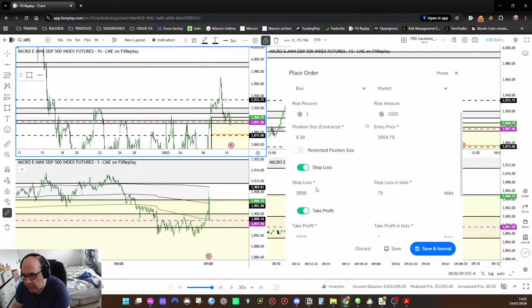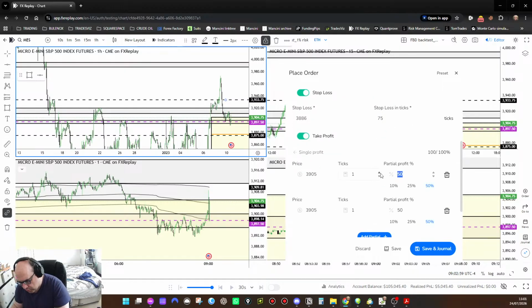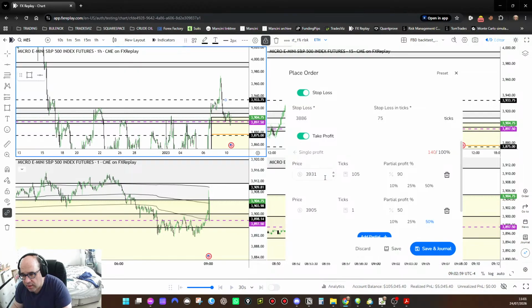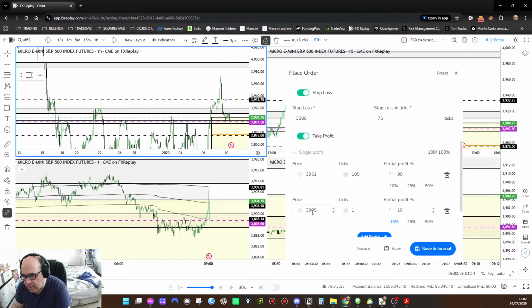So we have a stop loss, no ticks, I want the partials. So we have 90% at, let's say, 39.31. We'll take 90% there, and then the rest 10% we're gonna be looking to take at the previous swing high, which is about here, 39.70s.